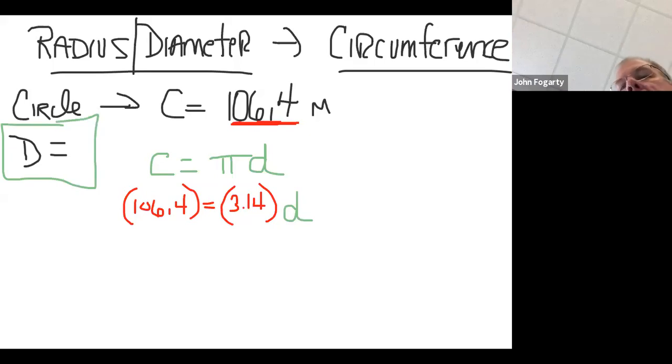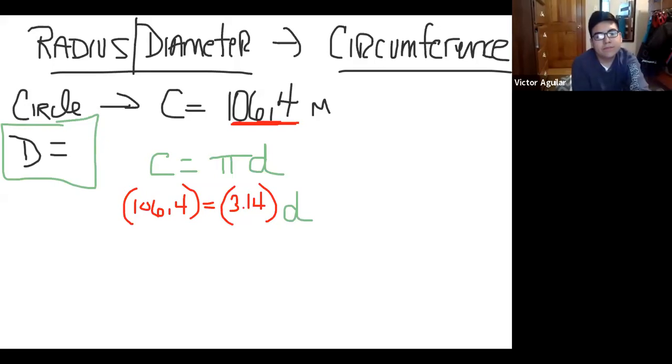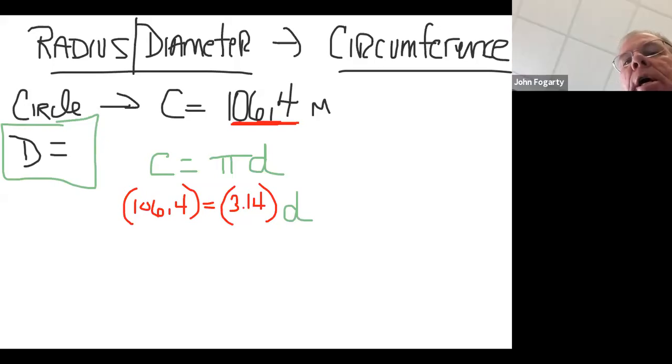All righty. What do we do to get d by itself? 3.14 times d. What's the inverse of times? Divide. So all we're going to do is divide this by 3.14.